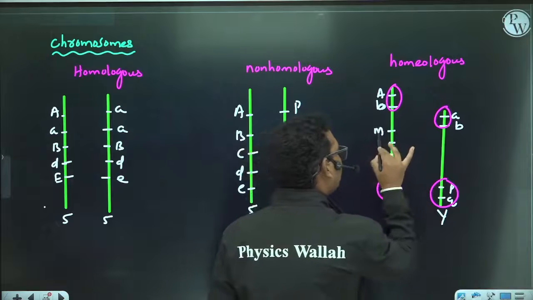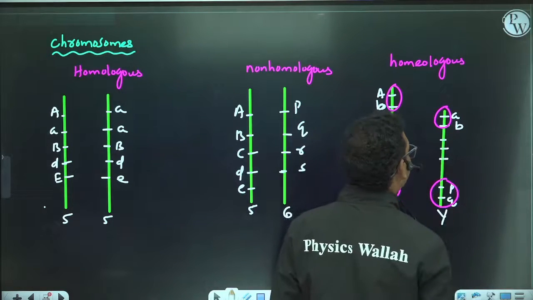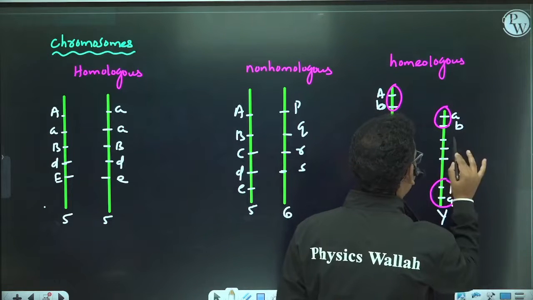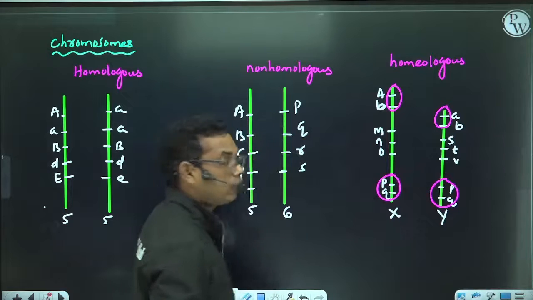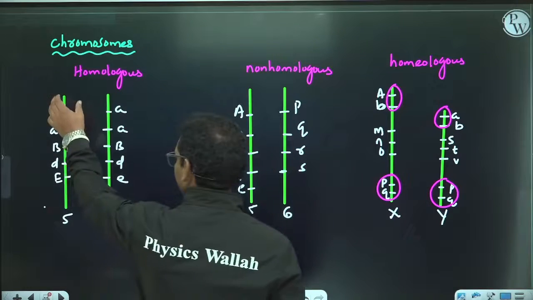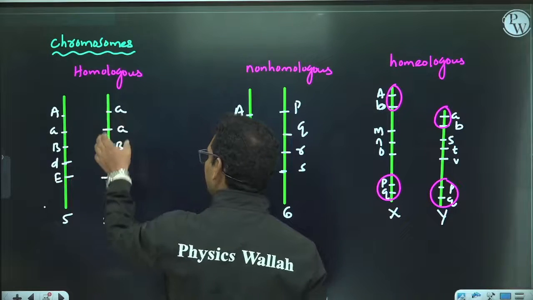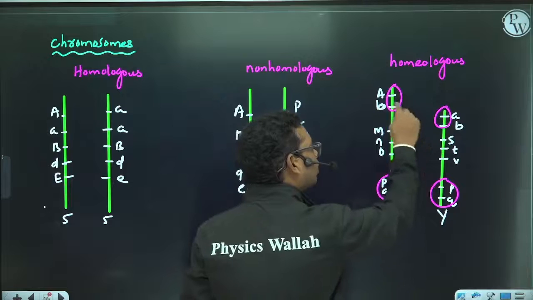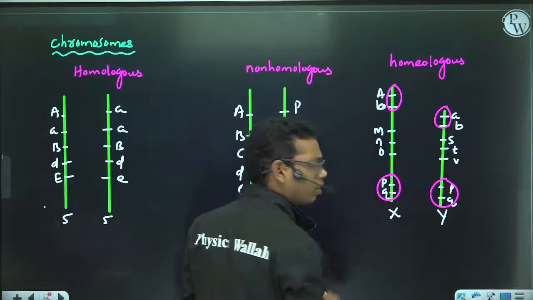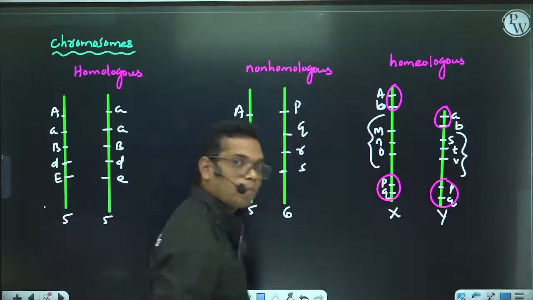Suppose let me take MNO, and suppose here let me take some sequence like STV. Okay, in this case you see the genes are exactly same. Here A, B, D, E, here also A, B, D, E, but in this case some similarities are there. In this region similarity is there, in this region similarity is there, but in this region there is some differences. In this region there is some differences.